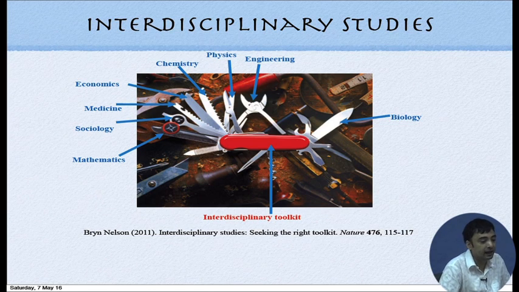So the idea is that now you cannot do well in research if you look into one single field. You have to cross your borders and look at various different disciplines, borrow concepts from various different disciplines. Even while your discipline is computer science, you have to borrow concepts from, say, physics, chemistry, biology, in order to do meaningful and cutting edge research. That is the mantra of interdisciplinary practices in research.